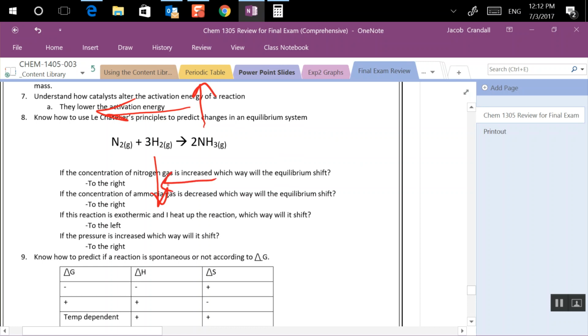Okay? So we have the left and we have the right. Well, if I increase something on the left, it's going to shift to the right. If I increase something on the right, it's going to shift to the left. If I decrease something on the left, it's going to shift to the left. If I decrease something on the right, it's going to shift to the right.